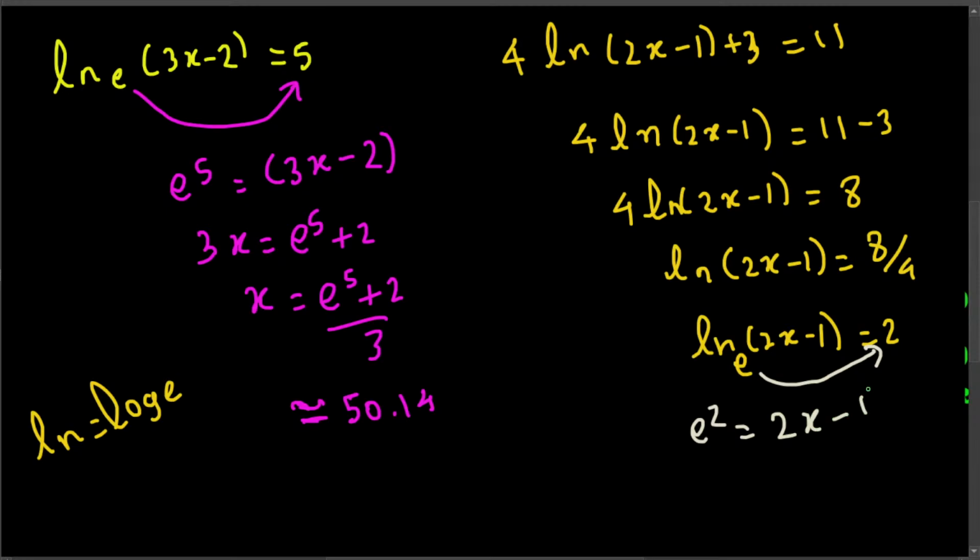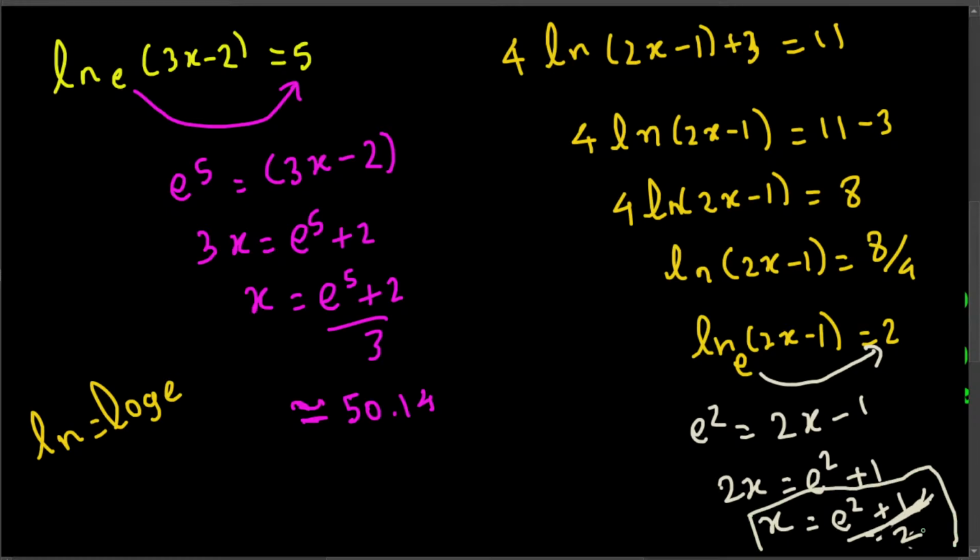Here we want to solve for x, so 2x is going to be equal to e square plus 1, and then x is going to be equal to (e square plus 1) divided by 2, dividing the whole thing by 2. That's our final answer for this question.